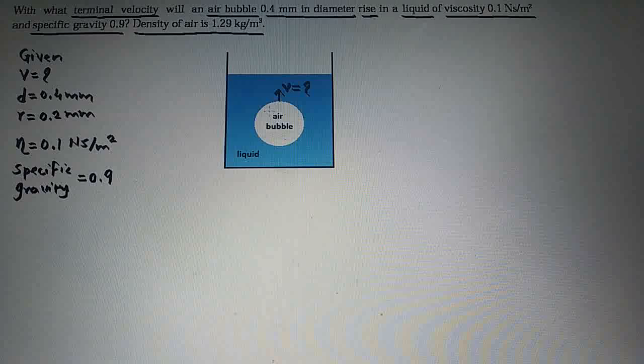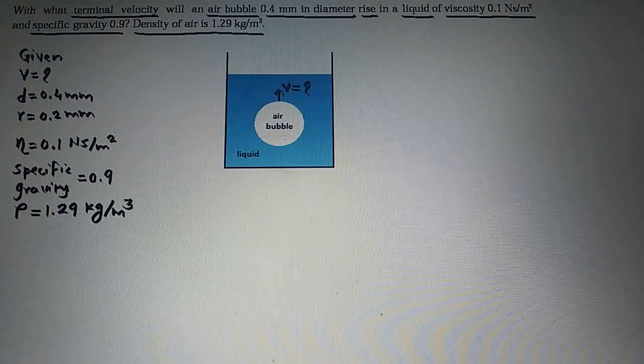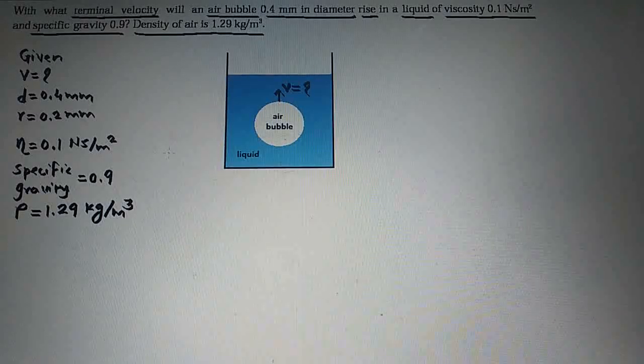So we will take the density of air as the density of the object, and we will write this as rho is equal to 1.29 kilogram per meter cube, and this is the density of air. Next we will check the units here.